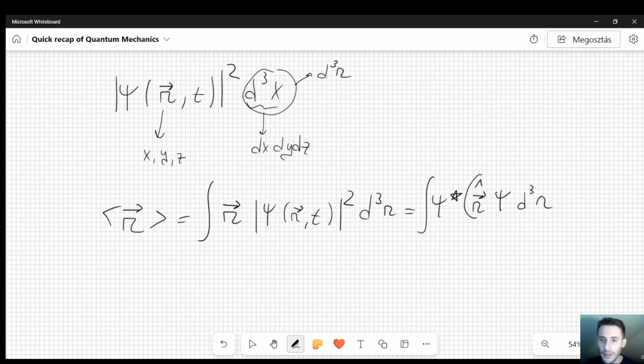So when the operator r acts on psi, we actually get the vector r times psi. So you can also put this r on the left of psi star. So this is just some notation, and I don't want to get into all the details of quantum mechanics. You should already be familiar with some quantum mechanics. I'm just trying to recap some of the most important concepts. It's just a quick overview.